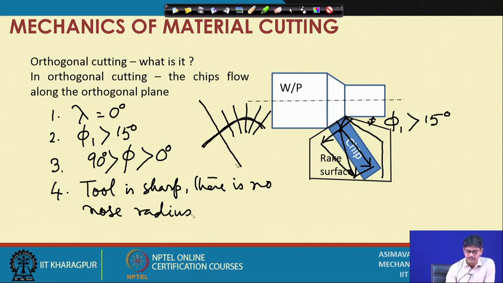So, we are assuming that there is no nose radius and the tool is sharp, there is no edge rounding also. Once these factors are accepted, we can assume that the chips flow in the orthogonal plane.